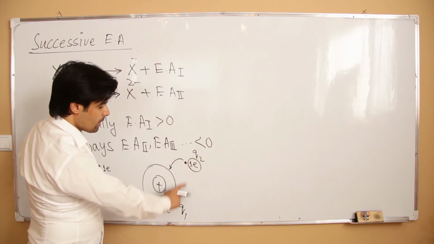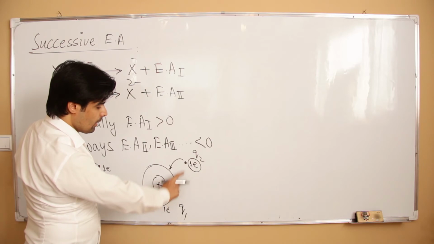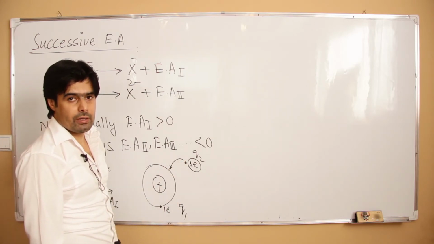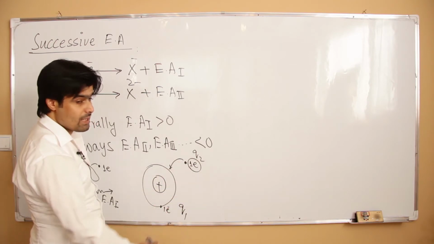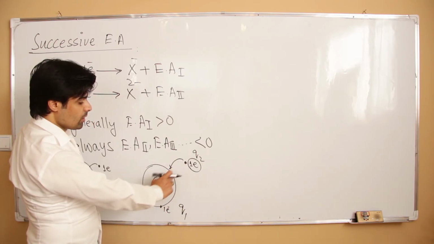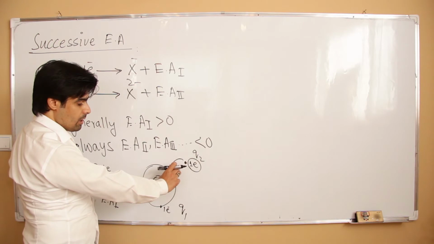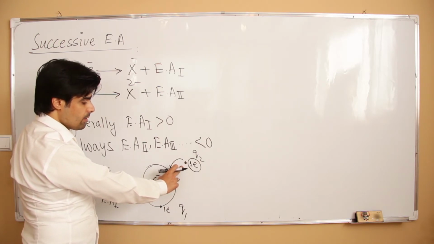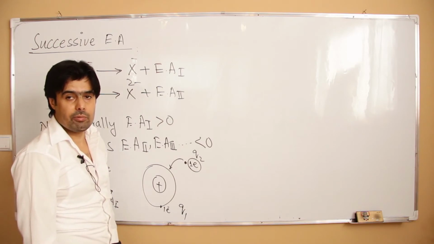Q1 and Q2, are they like charges or different? They are like charges, the same charge, so they repel each other.